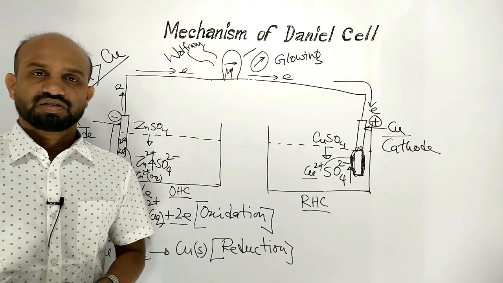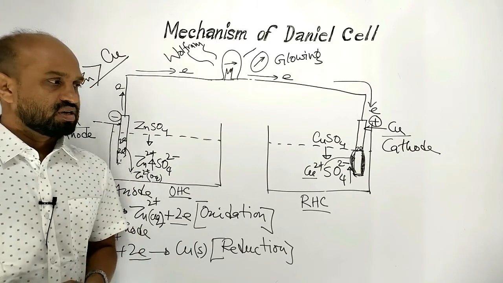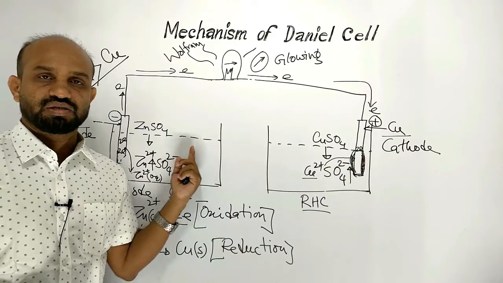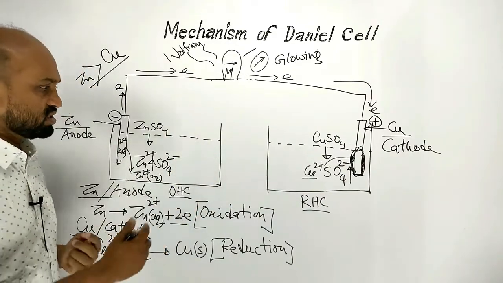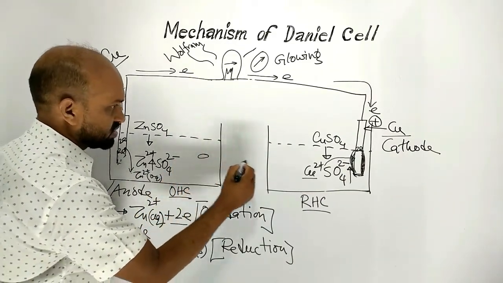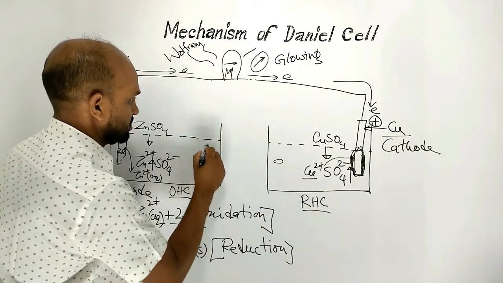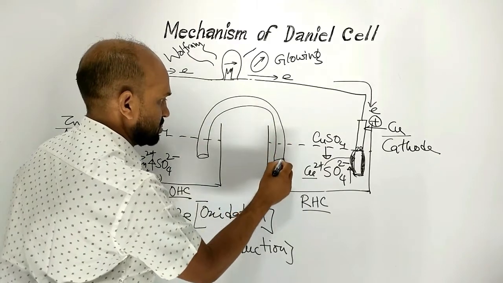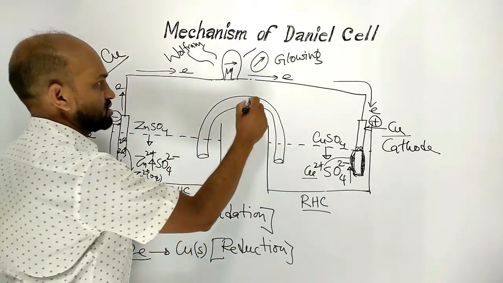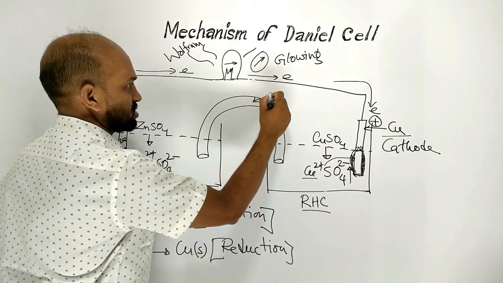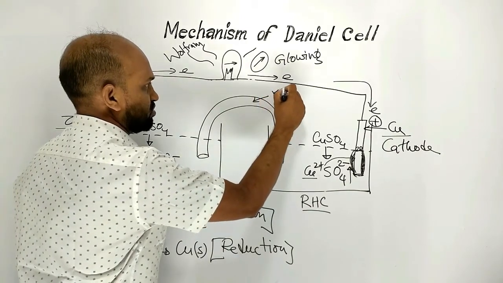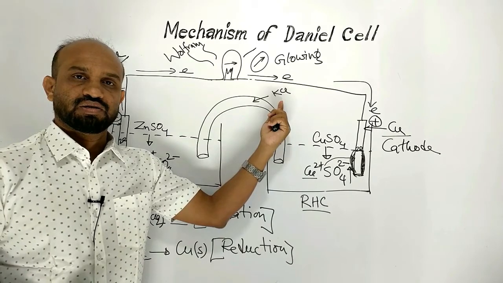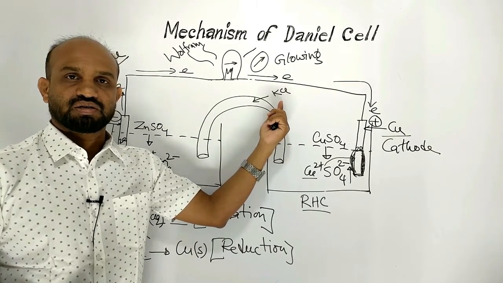To get electricity continuously, another device is used here to connect these two half cells. This is a U-shaped device that contains a salt of potassium chloride or silver nitrate or potassium nitrate.